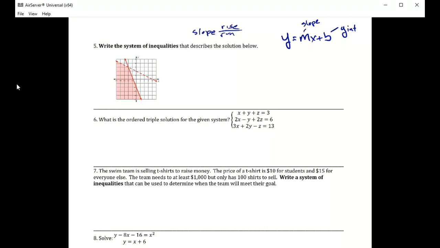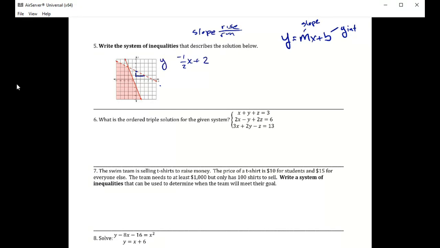So if we take our dashed line first, we've got an intercept here at positive 2, and we have a slope that looks like it's going down 1 over 2. So we have negative 1 over 2 for the slope, plus 2 for the y-intercept, and then we've got our y.